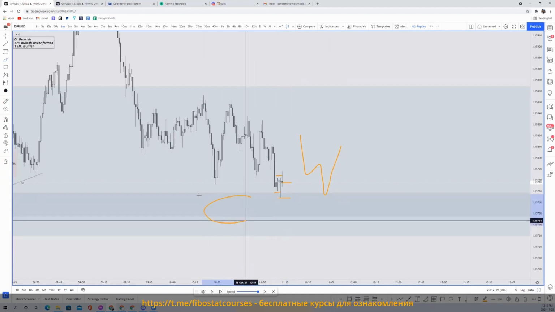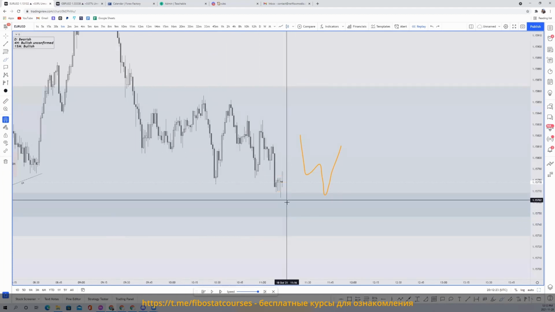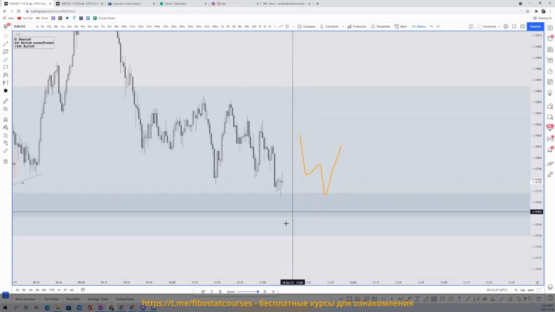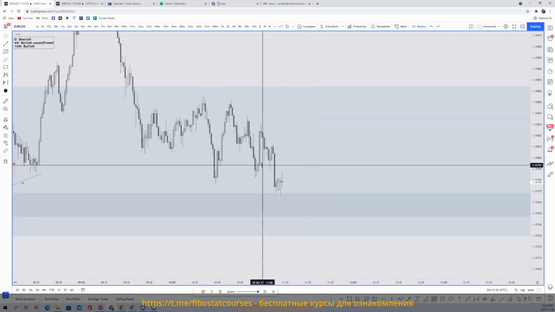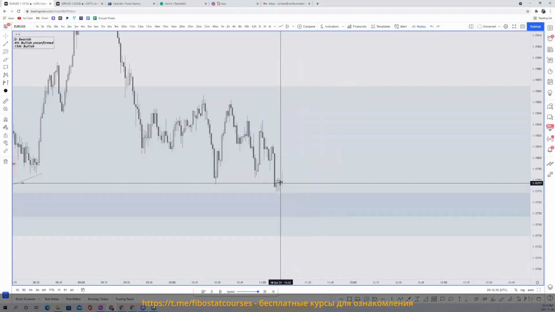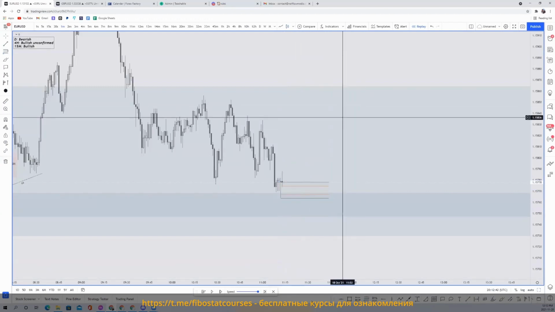It tapped our POI. One of the things I want to make note of is look at the way that body closed. We're mostly all wick. Those of you that stick around the community, you'll notice I push wicks really heavy. The reason being is the only people that have the ability to move price that quick are DFIs.